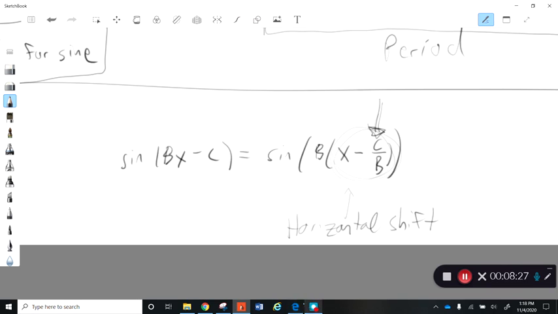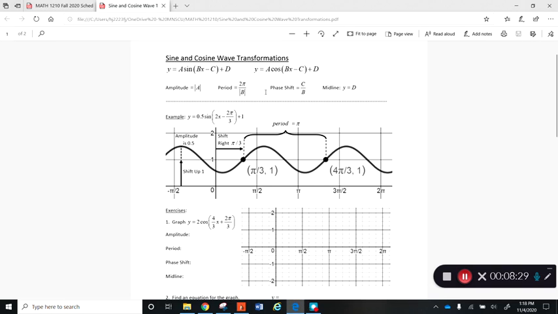So let's go back now to our thing. We've got c over b. Now we've got these four pieces of information here. We can look at an example. This one right here has some piece of information for A, B, C, and D. This has all four different transformations in it.